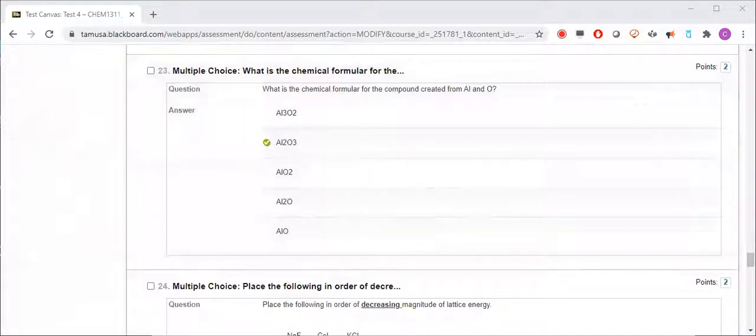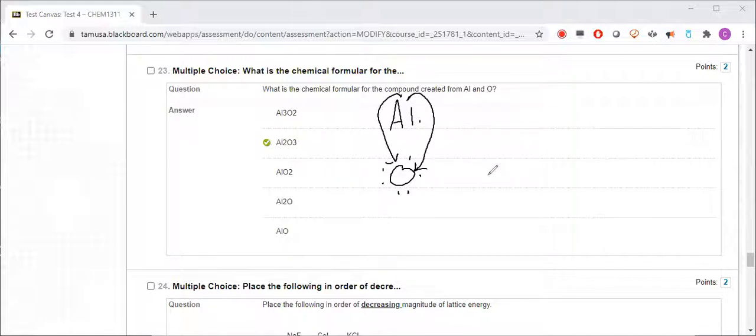Chemical compound for Al and O. Al has 3 electrons. O has 6. I'm going to try and get rid of my electrons in Al and try to get 8 for oxygen. So I do that. That oxygen's good. Aluminum has 1 more. So give that away.